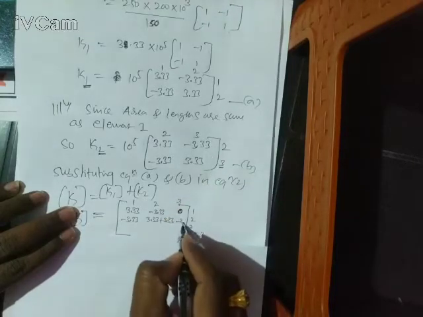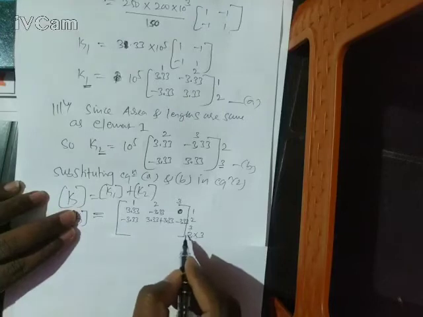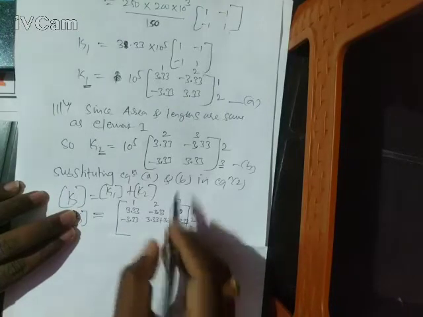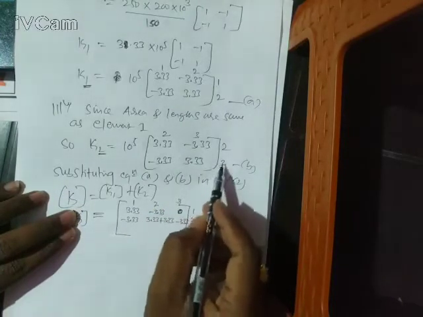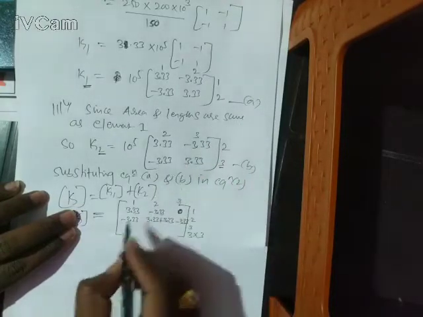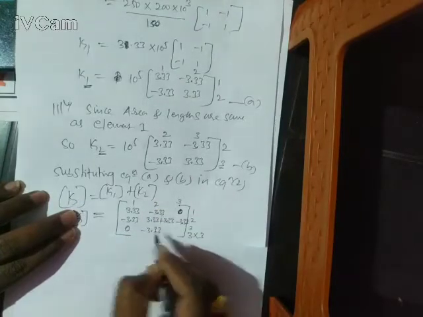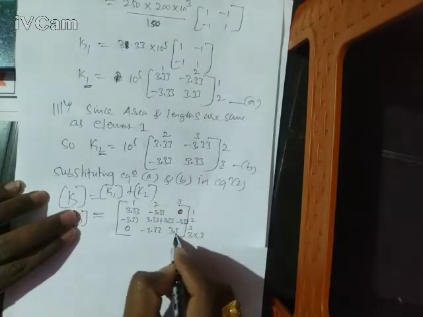So minus 3.33. Okay, so now third row, first column: third row is in the second matrix, matrix B, but first column is not existing, so 0. Third row, second column is minus 3.33 and third row, third column is 3.33.